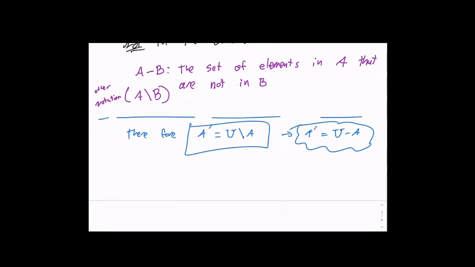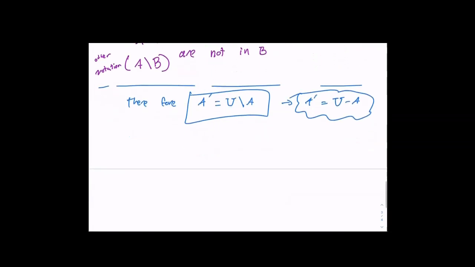The purpose of the difference set is that we're going to look at two defined sets. Your answer cannot include anything from the right set, the minus set, and it would include everything in the other set. With the complement, everything in A is in U, but that doesn't necessarily have to be a part of the second set.